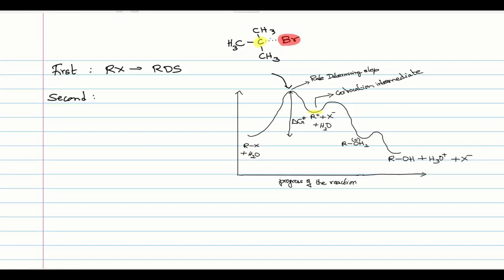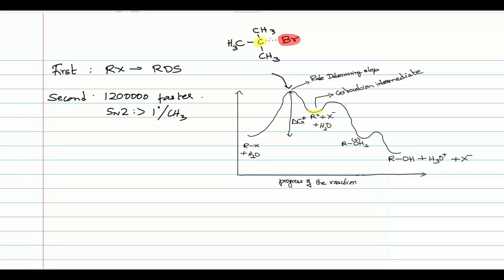Evidence which we observe is that the rate of this reaction is about 1 million times faster. So it's not 1 lakh 20,000, it's about 12 lakh times faster than the rate you would have observed if it had followed an SN2 mechanism for a primary or a methyl halide.